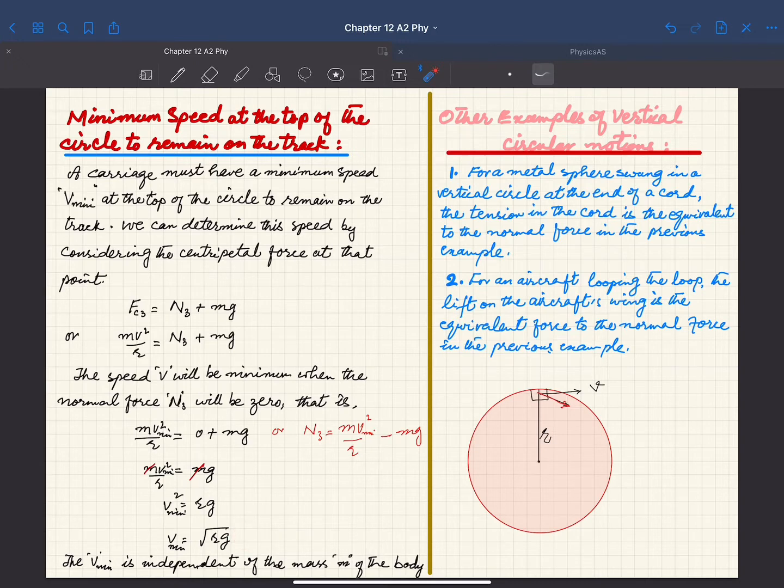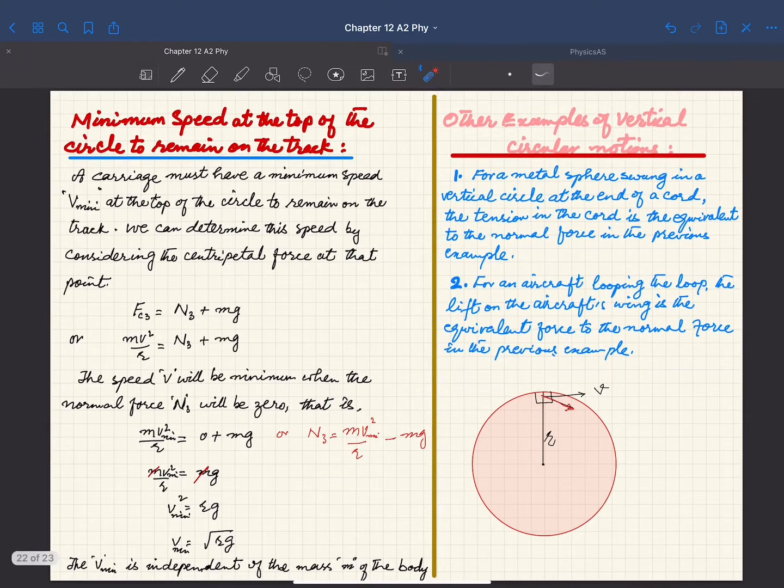On the other hand, we have certain other examples as well, like a metal sphere swinging in a vertical circle at the end of a cord.